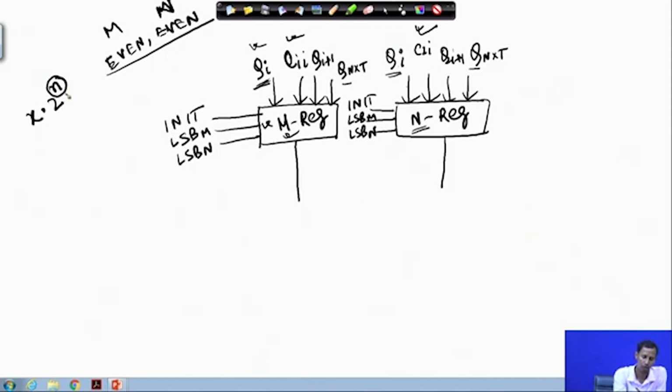And what is the terminating condition? Whenever the M and N values are the same, the loop will terminate.